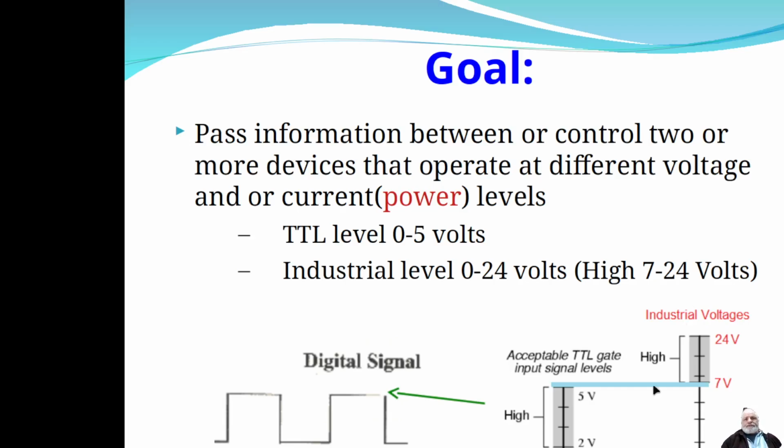And so if you look at this, we have the TTL voltage. A low is any voltage below 0.8 volts, and a high is any voltage above 2 volts. But again, the maximum is 5 volts for TTL logic.